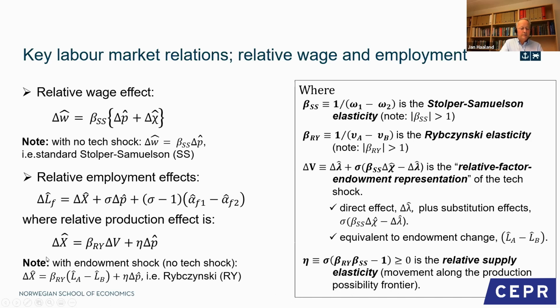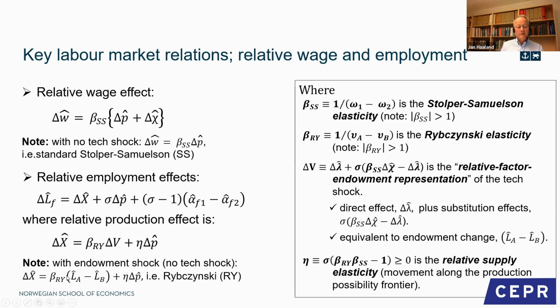If we start from the bottom here, if we think of an endowment shift rather than a technology shift, then the change in relative production is a Rybczynski effect based on the relative change in endowments, plus a price effect.